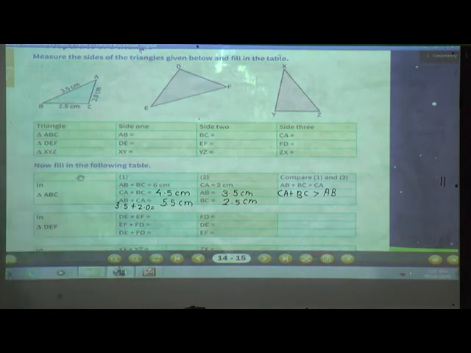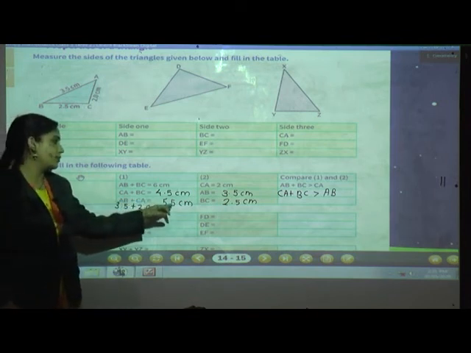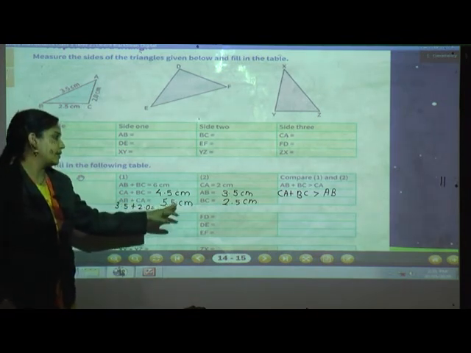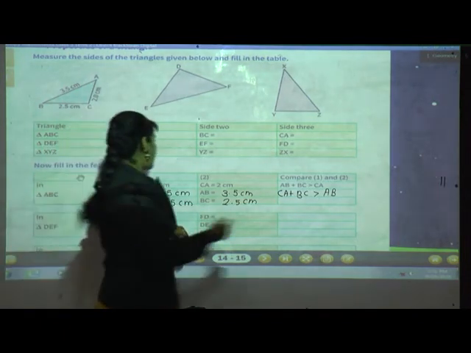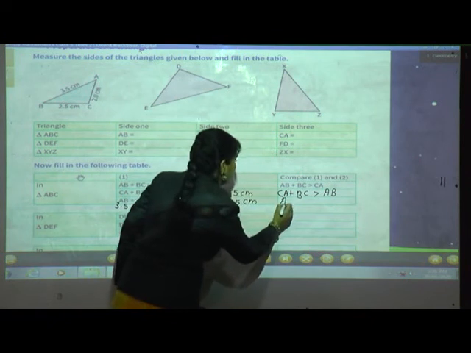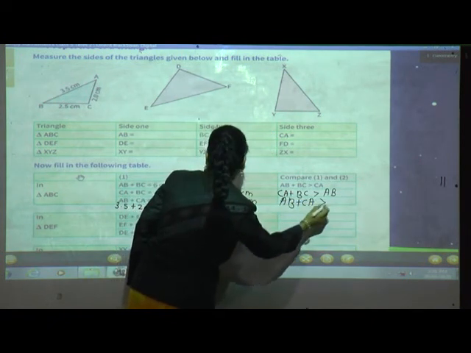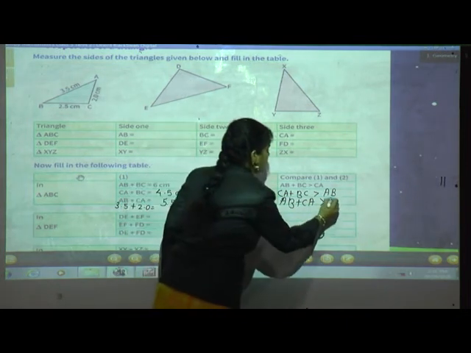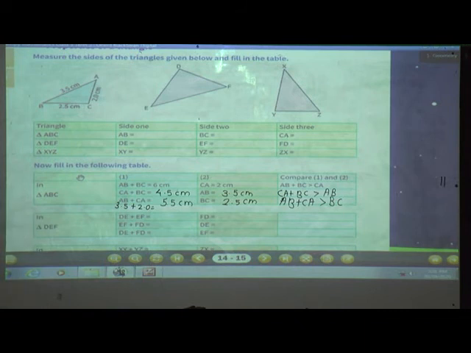So compare these two, which one is bigger? Yes, of course AB plus CA is equal to 5.5. This one is bigger than BC. So right here AB plus CA is greater than BC. In this way you have to fill this table.